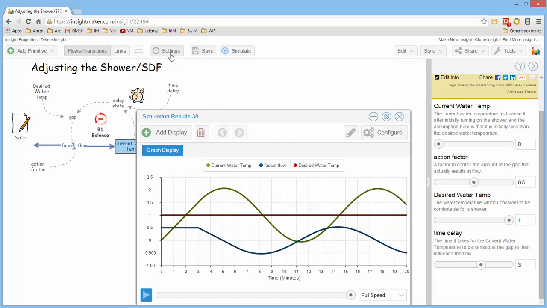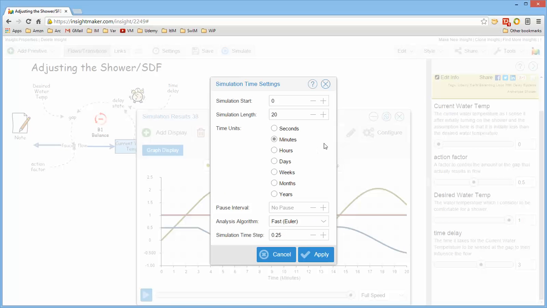But the idea is that you first think about your model in terms of the time frame over which your model is going to run. So I want to start at 0 and go for 20 periods, and the time period is minutes. And then the question is, what's the time step that I want to employ when I do this?